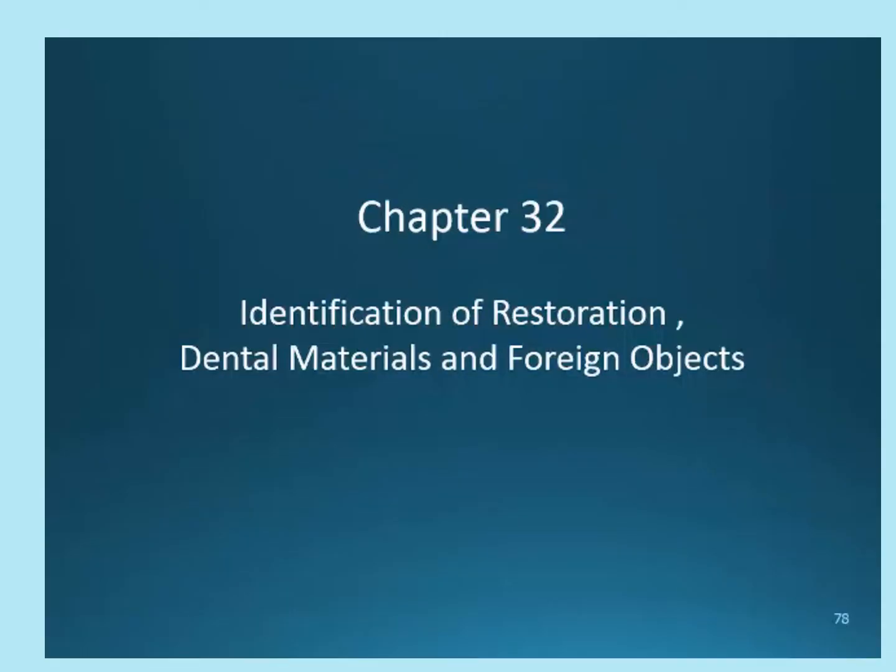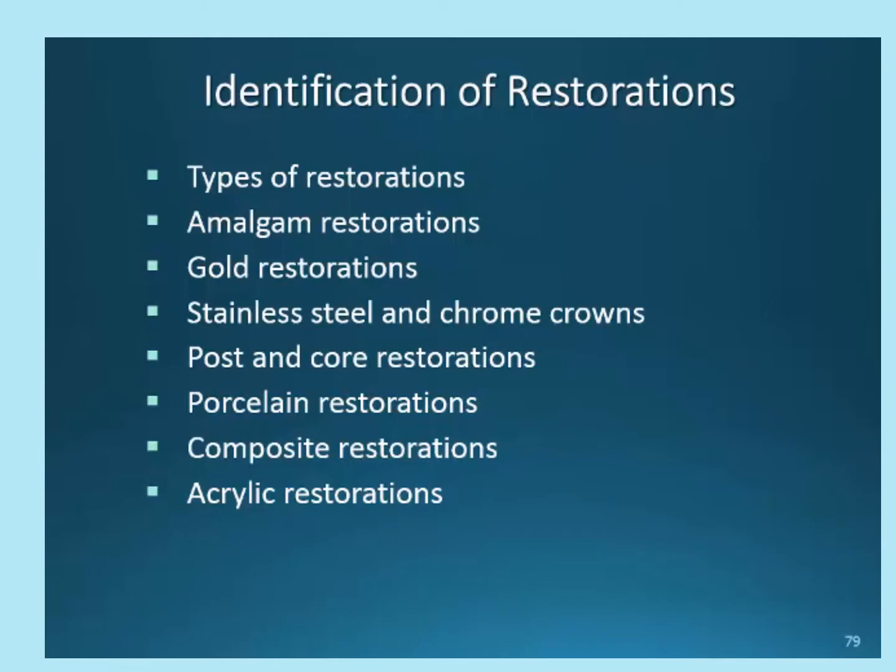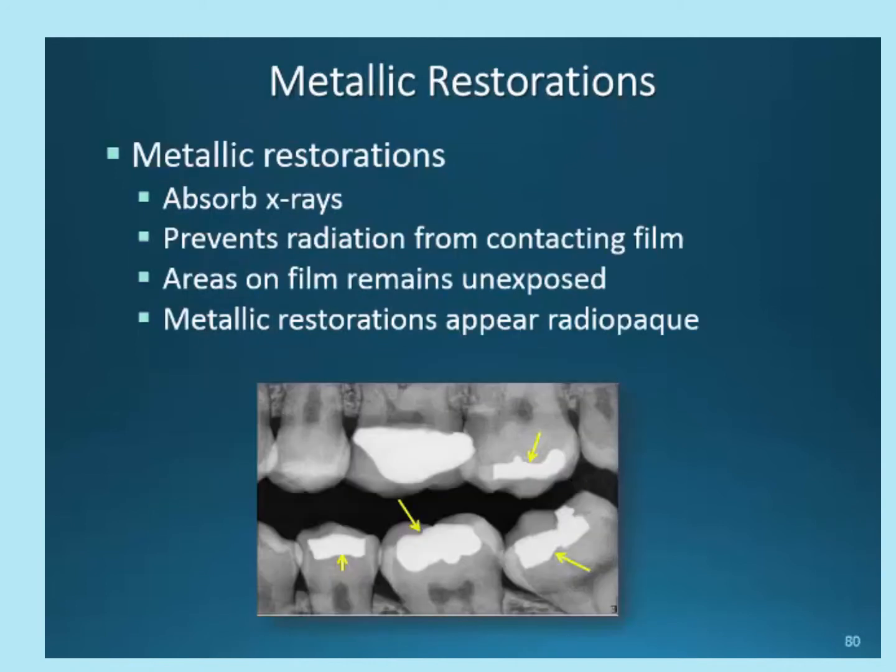Our last topic on identification is restorations, dental materials, and foreign objects seen in radiographs. We will review this entire list of restorations in the upcoming slides. This radiograph is an image of several types of metallic restorations.